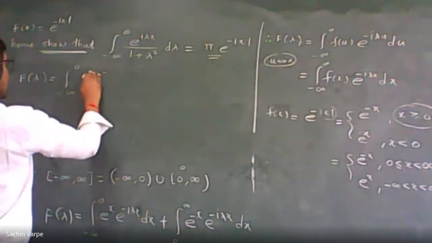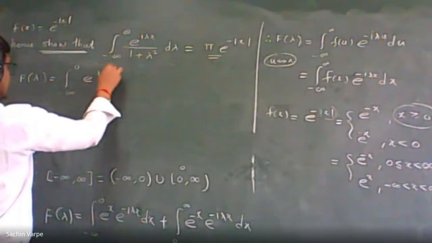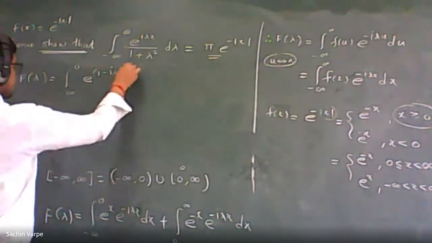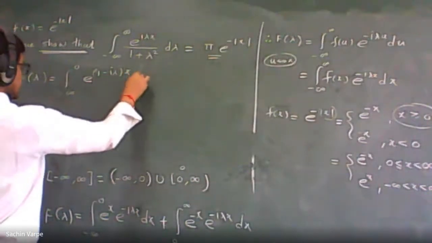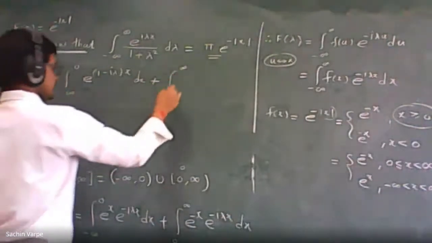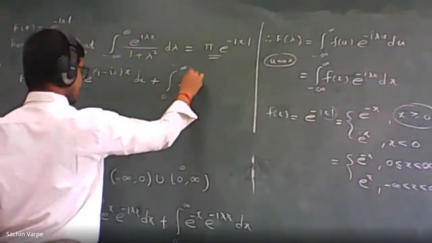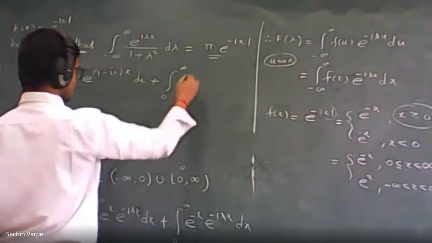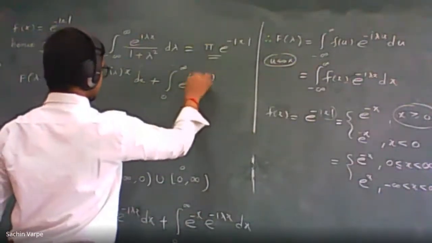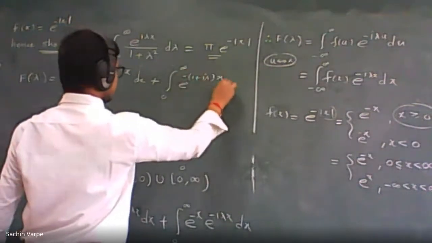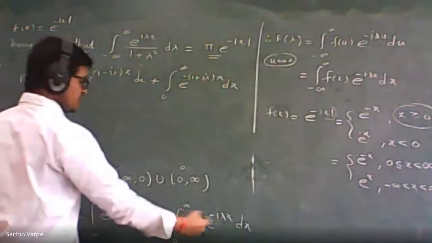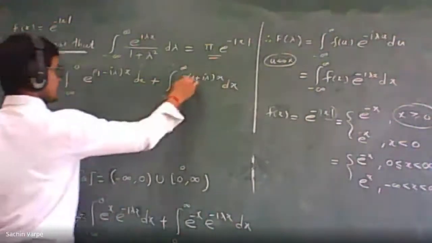If I take x common, then 1 minus i lambda into x, dx, and plus here the integral from 0 to infinity e raised to, I'm taking minus x common, then inside it will be 1 plus i lambda into minus x dx. Is that okay? I have taken minus x common here.